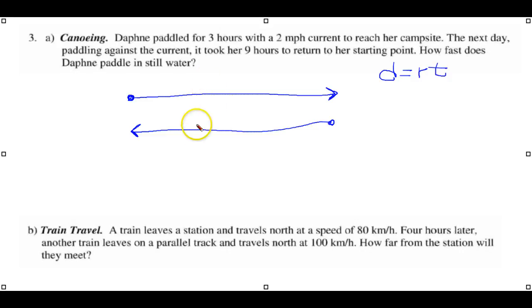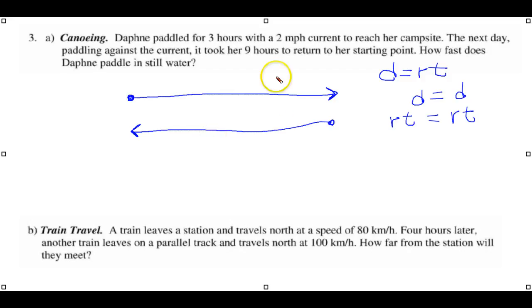Now, what do we know about the distance here? Can you see that we know the distance is the same? So in a sense, we have distance equals distance. That is, rate times time will equal rate times time.